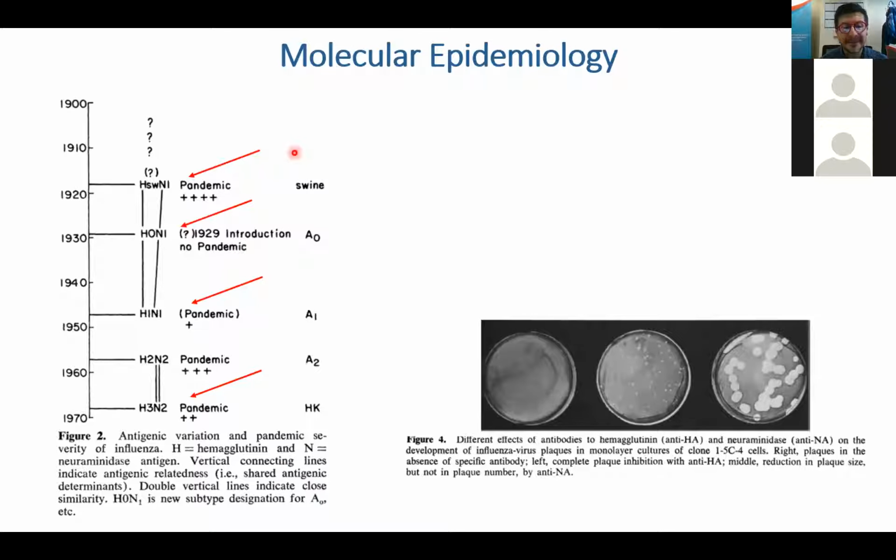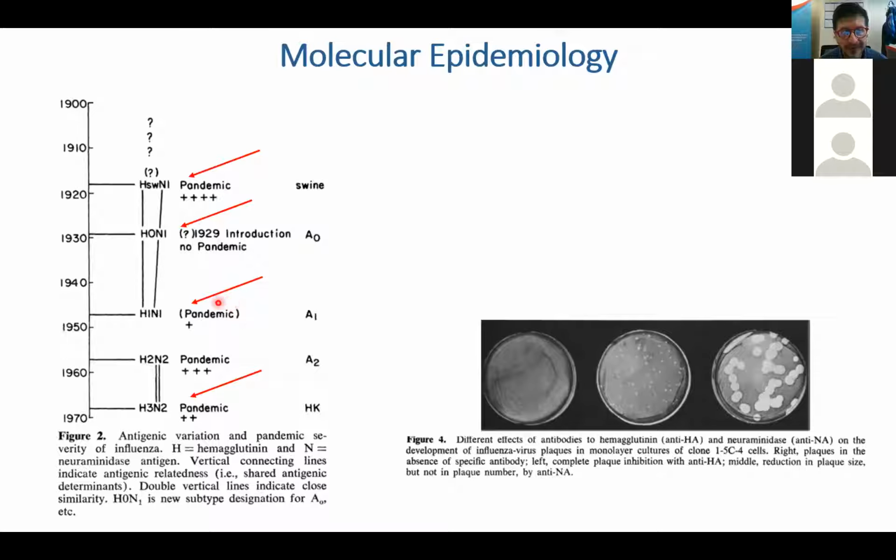Thus, we begin to review the pandemic and non-pandemic periods, the introduction of a new virus or a new variant, which at that moment were beginning to be studied. And in fact, it was the first time that they were officially named at the WHO.